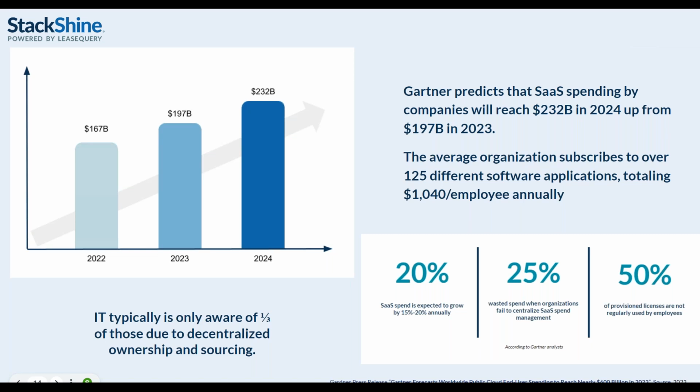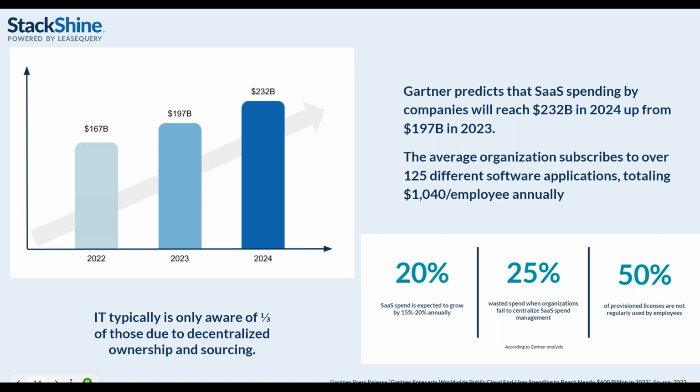While that's a huge number, it's not super hard to believe, considering that the average organization subscribes to over 125 different software applications. 125. That totals roughly $1,000 per employee per year. Unfortunately, IT is typically only aware of about a third of those due to what we're going to talk about today, SaaS sprawl.